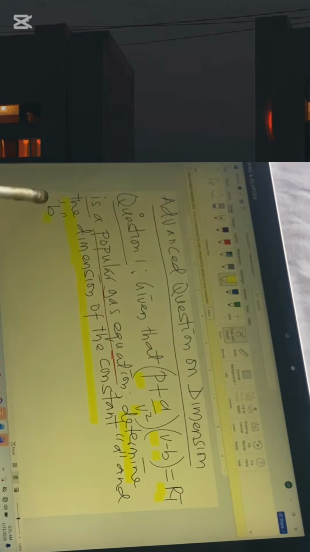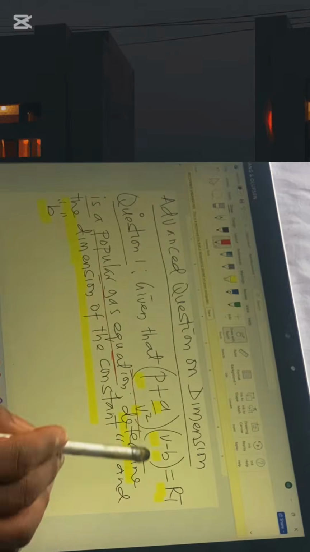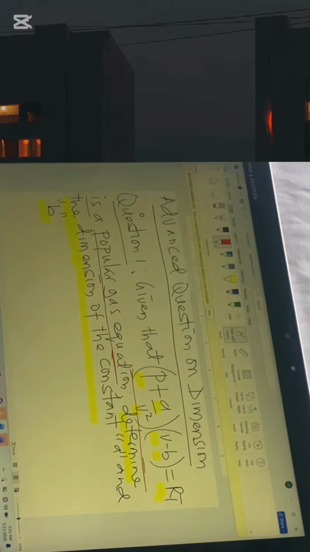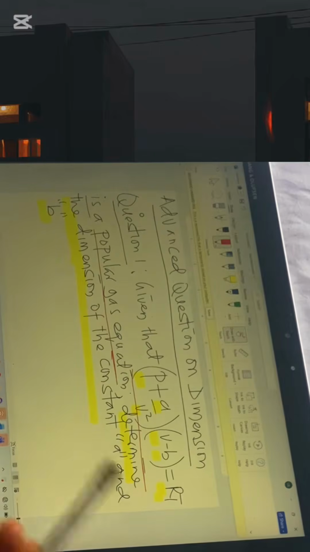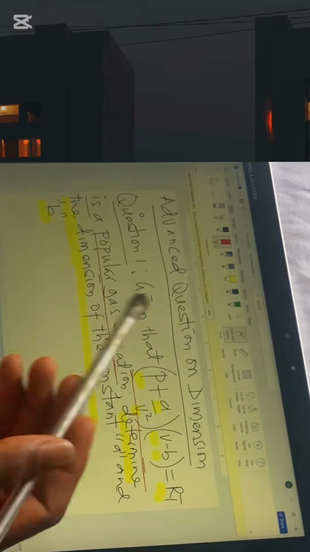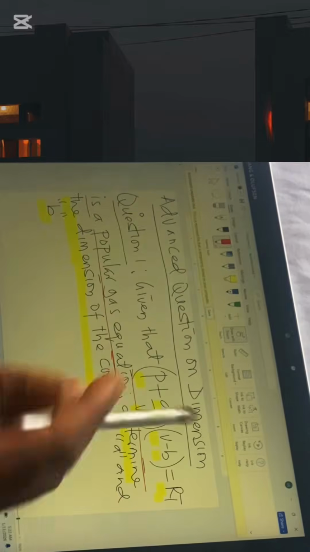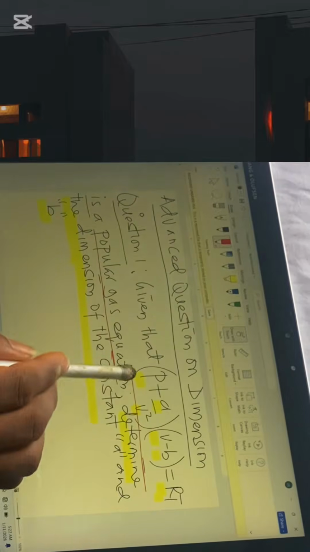But before we determine the dimension, please listen to me carefully, okay? The first thing to do is to understand the equation first before we solve it. So this equation we are seeing here is a popular equation we know, but we are asked to find A and B. That means we have to make A the subject, make B the subject. But we don't have to make A the subject in this particular equation here.